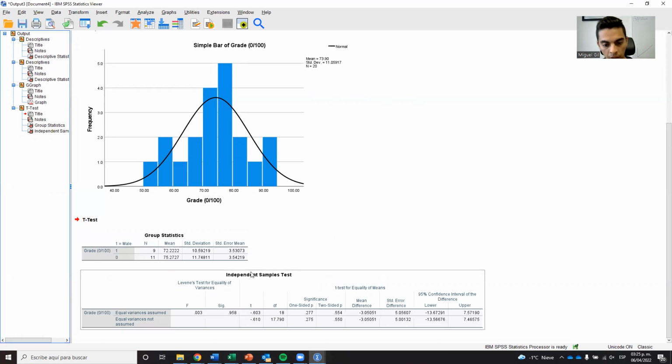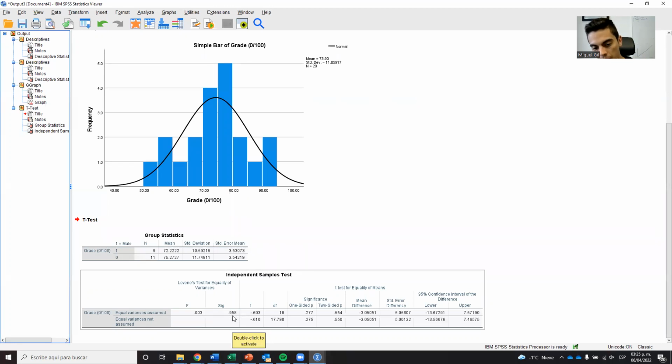So the first thing that I want to see is if I should care for this line or this line, the equal variances assumed. And we are very lucky that SPSS gives us already the number, so then we can decide. So check if this number over here, the significance of the Levene test, is higher or lower than 0.1. If it is higher, then you have to use equal variances assumed. You have to assume that the variance is equal in both groups.